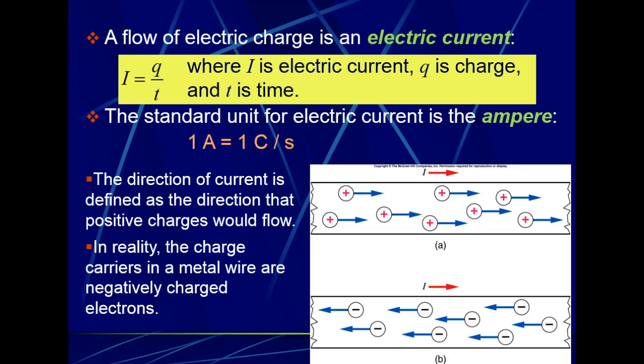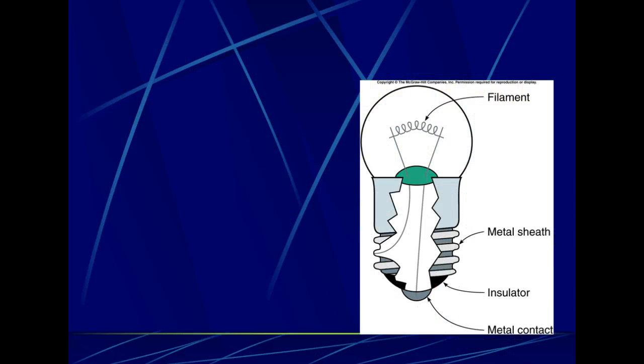So remember, electrons, or our negatively charged items, are what is moving. If we did a cross-sectional area of a light bulb, what we would see is there's a little metal tip here, and that's going to connect to a wire that goes to our little tiny filament that connects to another wire that goes to the side. There is an insulator between the side coils and this little tip at the bottom.